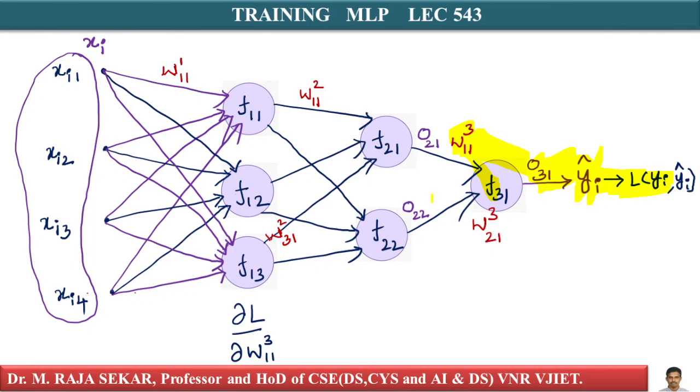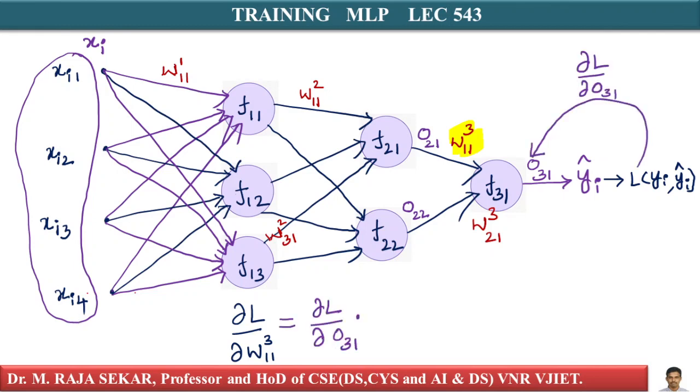I can write this as dou L by dou W311 is equal to dou L by dou O31. Just check. This is dou L by dou O31, isn't it?